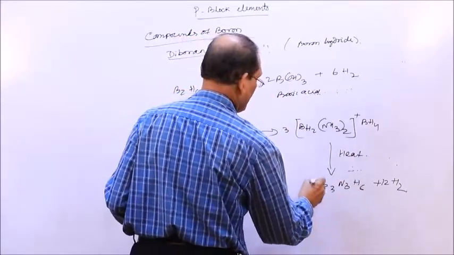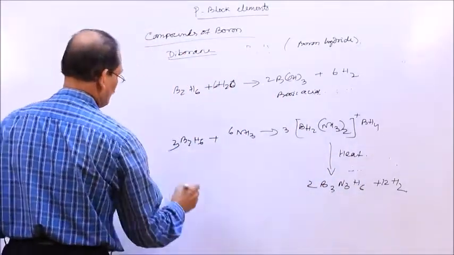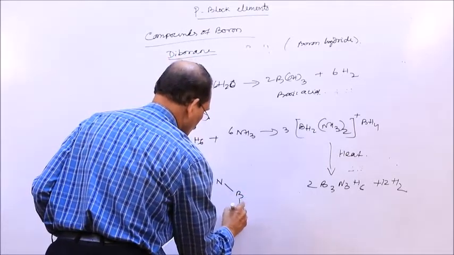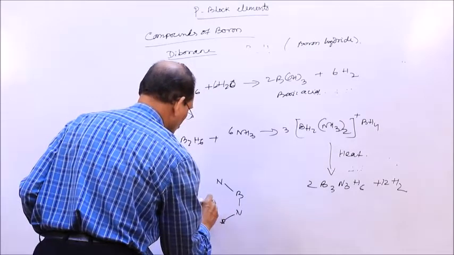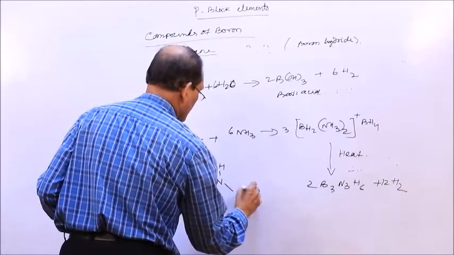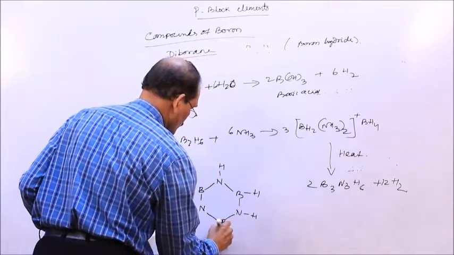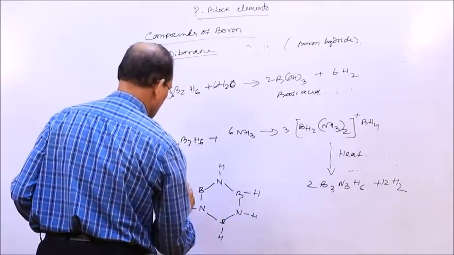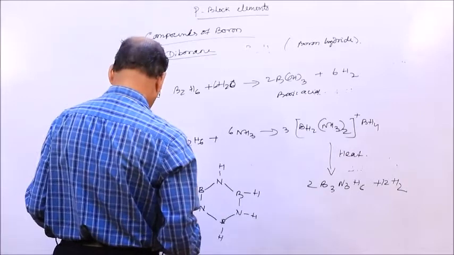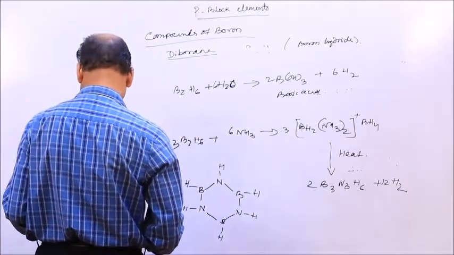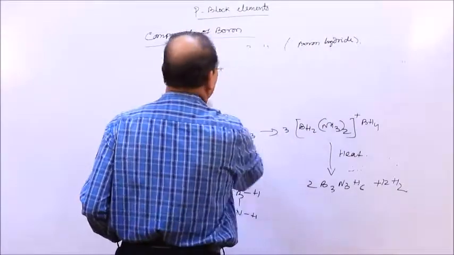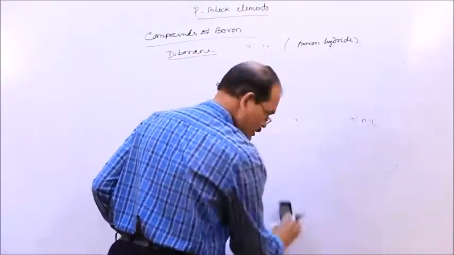Borazine is like a benzene structure, with alternating boron and nitrogen atoms like this.